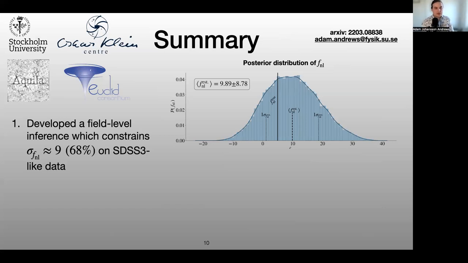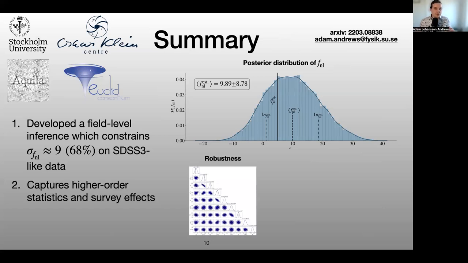With this method, not only can we handle survey effects such as the window selection function and other contaminations in the data, we're also able to handle higher order statistics, and we can handle it in a robust fashion by sampling nuisance parameters and marginalizing them out in the analysis.